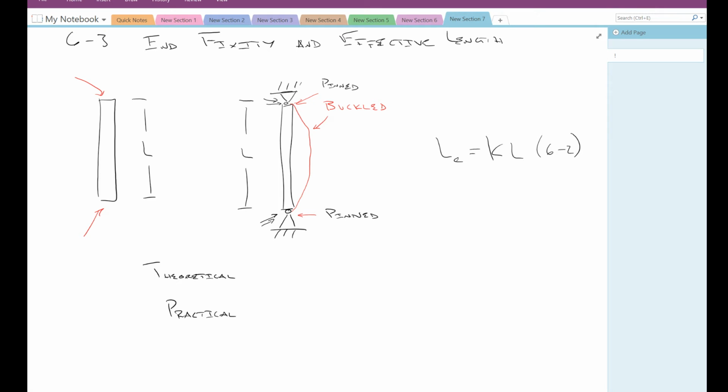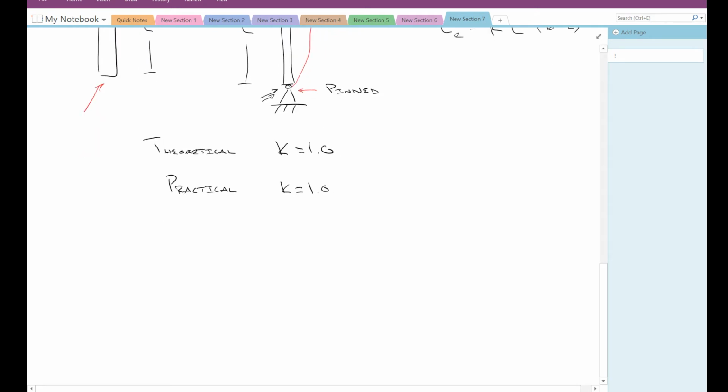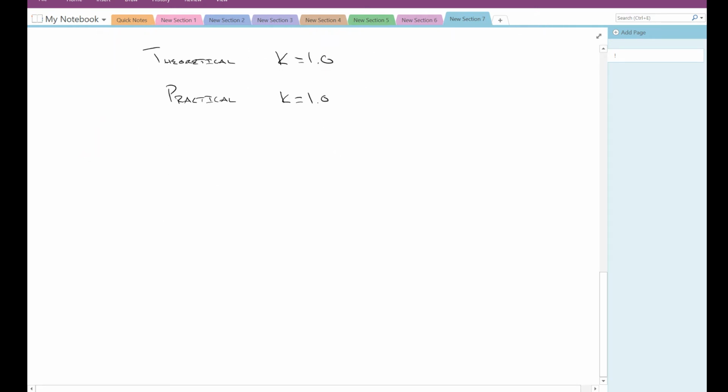So our K, our theoretical and our practical K values are set to 1.0. And this is based on, I wouldn't say experimental data, but I would say practical real life examples of our columns, all right? So let's consider some other conditions, right?